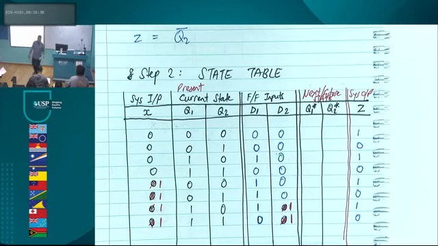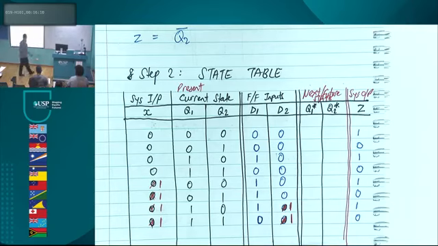Now, tell me, what table do you need to refer to if you know your input and your current state, but you want to predict your future state? Characteristic or excitation? Characteristic table.